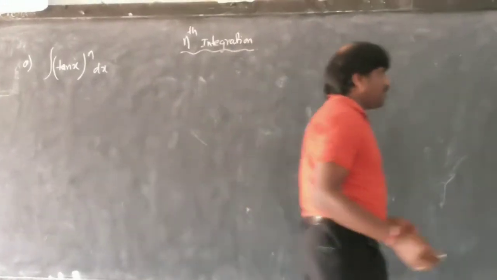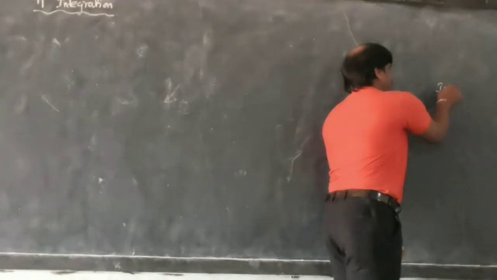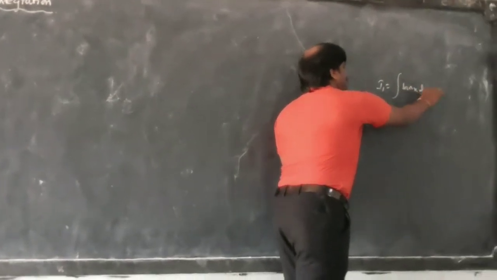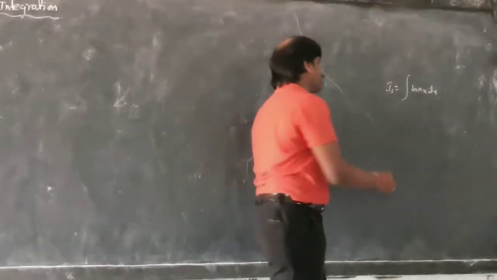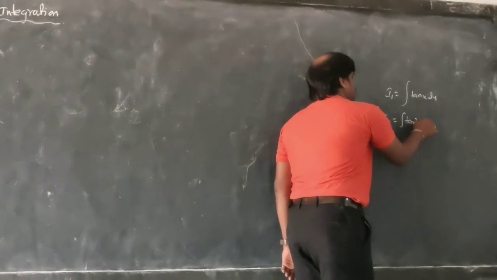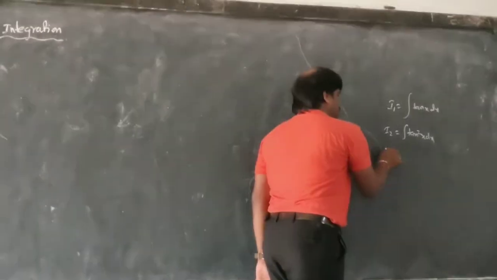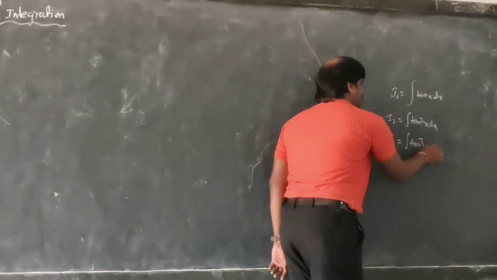Simple thing. When you have I1, I write it as the integration of tan x dx. This is called I1. When you have I2, I can write it as tan square x dx. When you have I3, we write tan cube x dx.